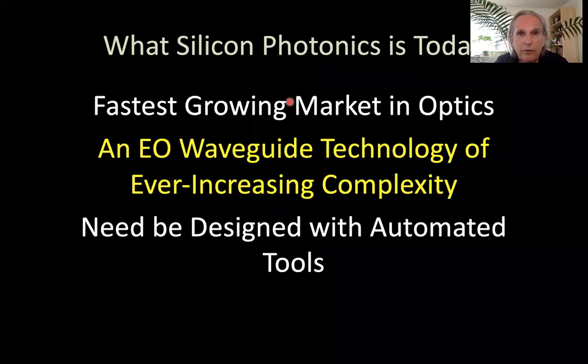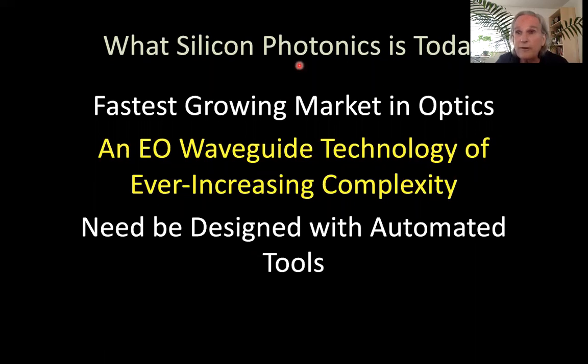Okay, so to summarize this first part of what is silicon photonics, or what it is today, it's certainly the fastest growing market in optics. That 25% compound annual growth rate is very high, especially for something that's already past a $1 billion market. It's an electro-optic waveguide technology, and it's of ever increasing complexity.